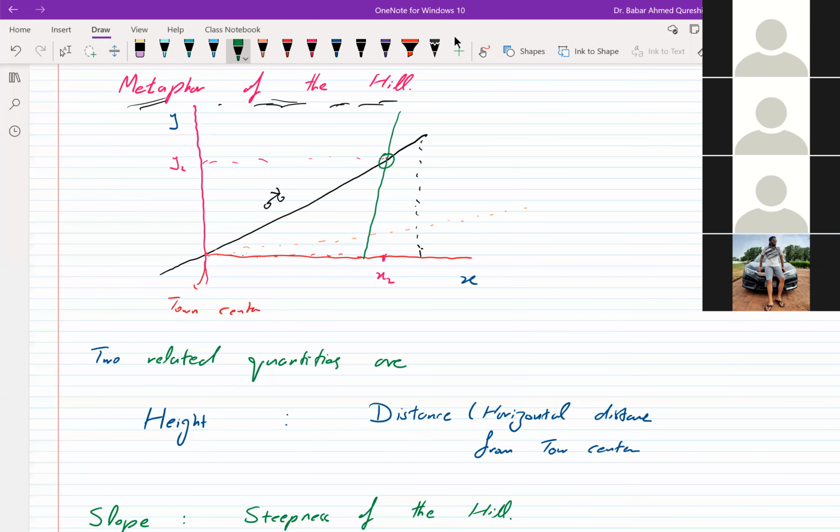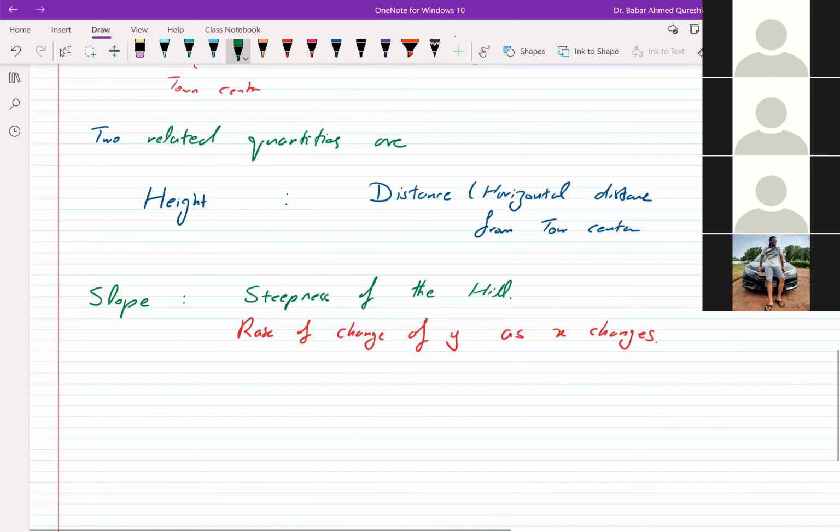So standing at a point, there's no way to tell on which hill you are, which is related to the fact that standing on a point, there's literally no way for you to tell how quickly the hill is rising. So you can't tell the slope or the steepness standing at a point. You have to cover some distance to see how quickly the hill rises.